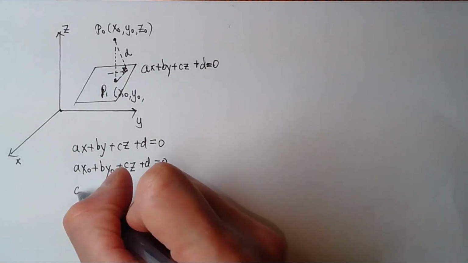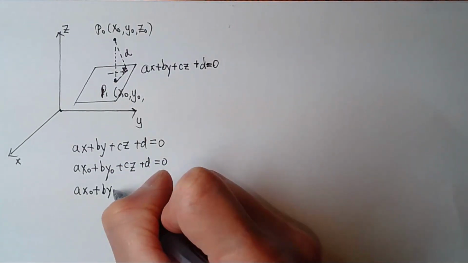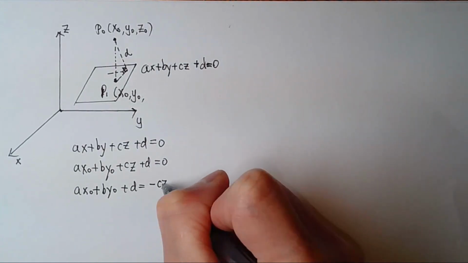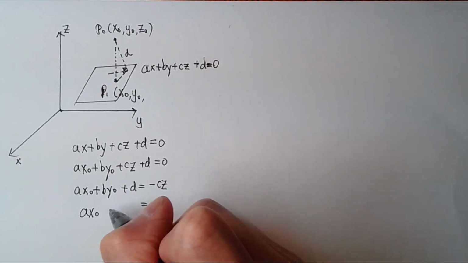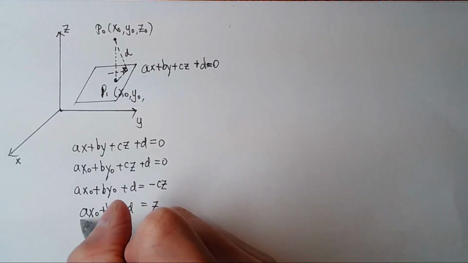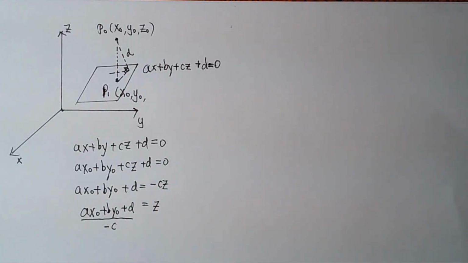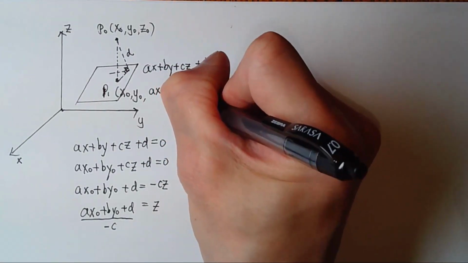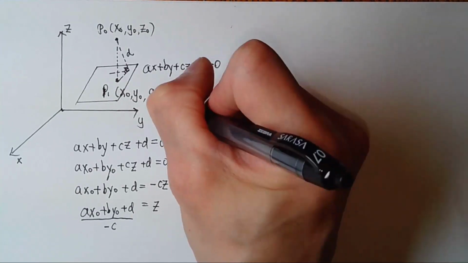So we have a times x sub 0, b times y sub 0, plus d equals minus c times z. And z equals a times x sub 0 plus b times y sub 0 plus d, divided by minus c. And that is the z coordinate.